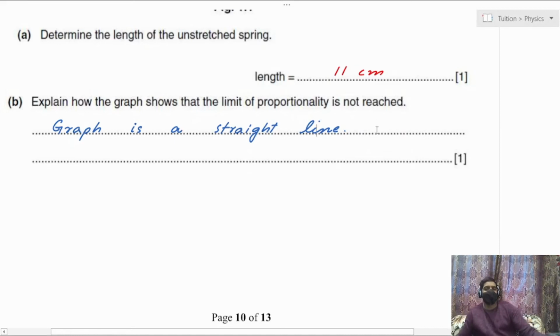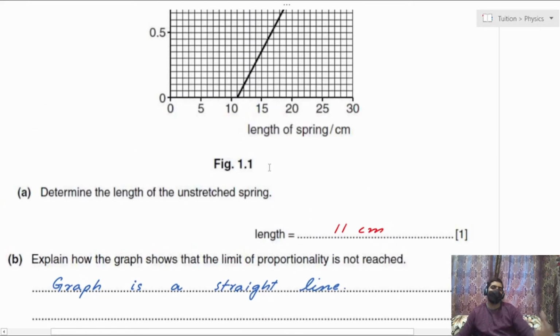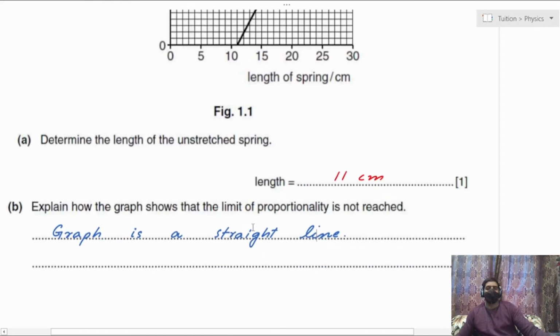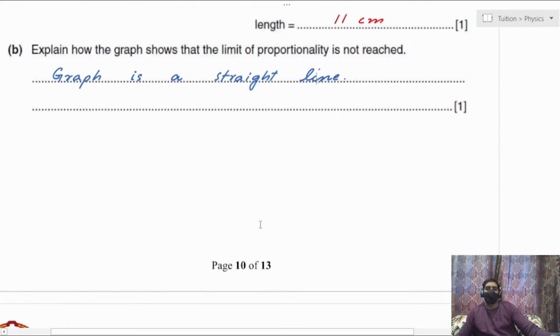The graph is a straight line. If you want to add some extra stuff, you can say if the spring reaches the limit of proportionality, the graph bends towards the extension axis. But in this case, there's no bend in the graph, so no concept of limit of proportionality so far.